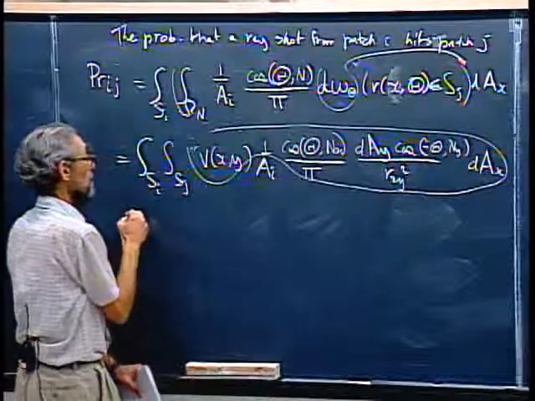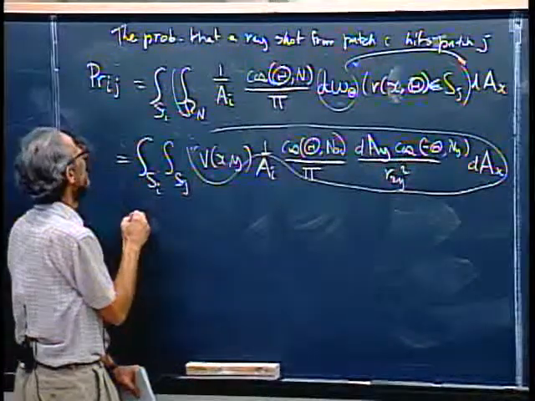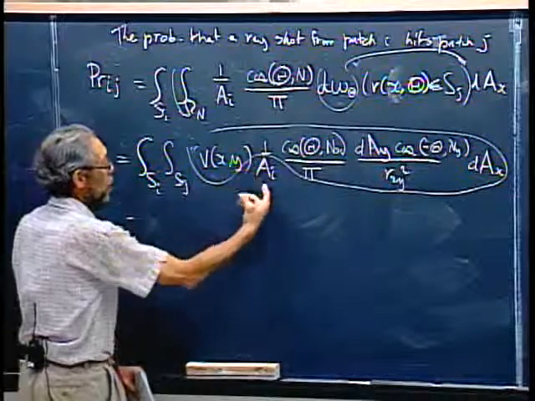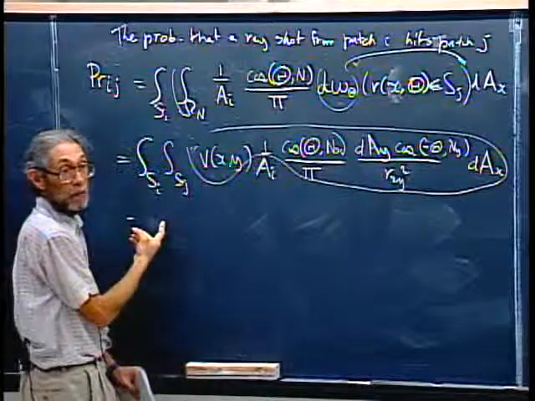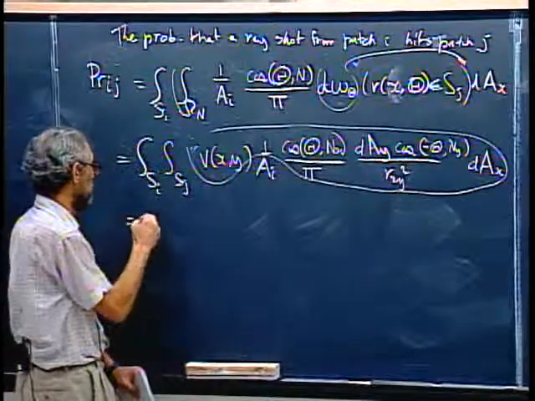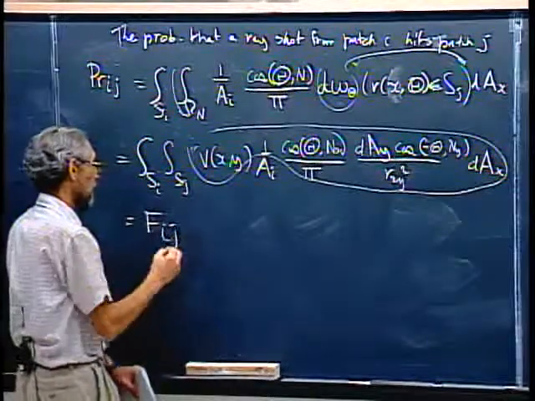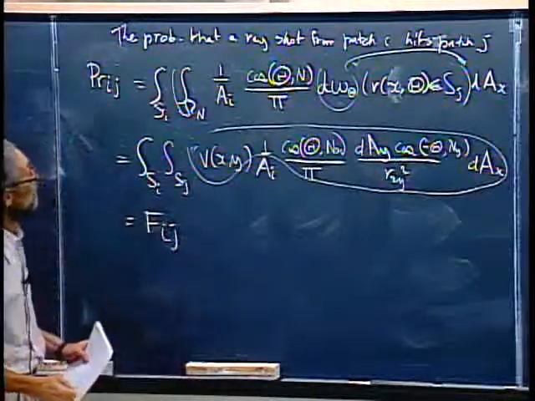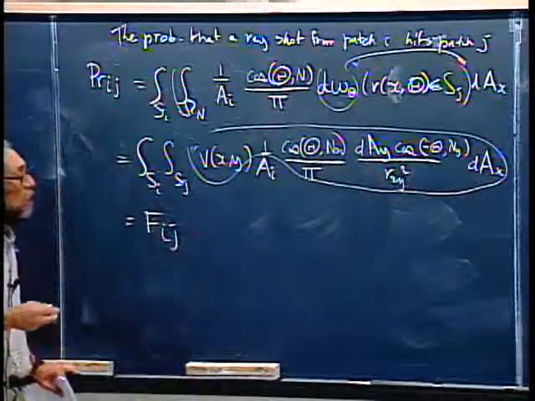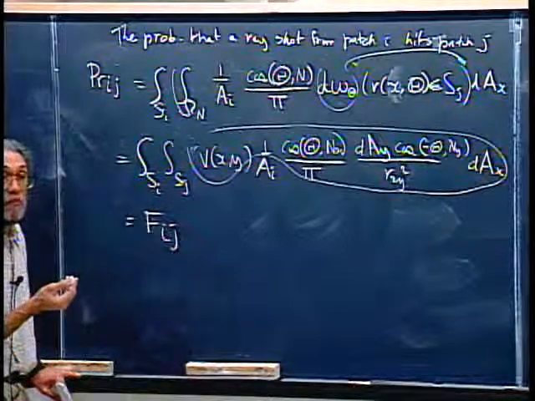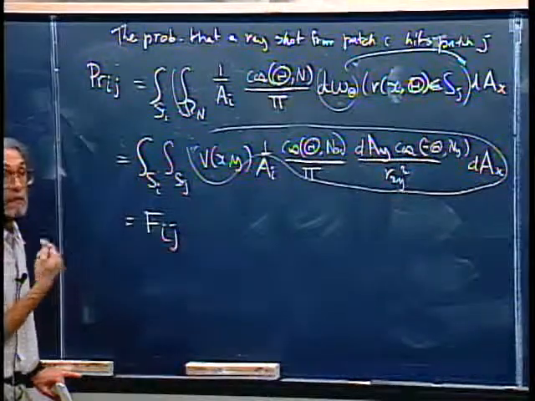And then 1 over A was outside that integral when I wrote it last time. But this is basically the form factor ij. Okay, so we can get the form factor just by this probability.